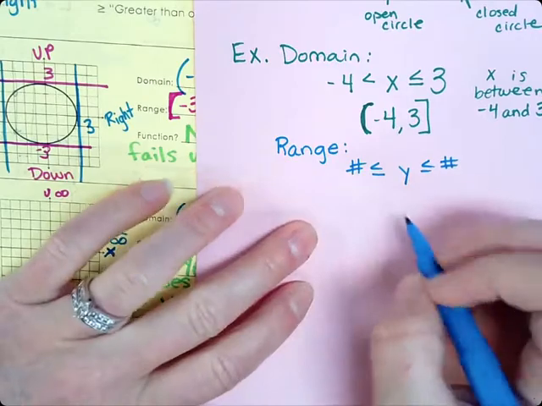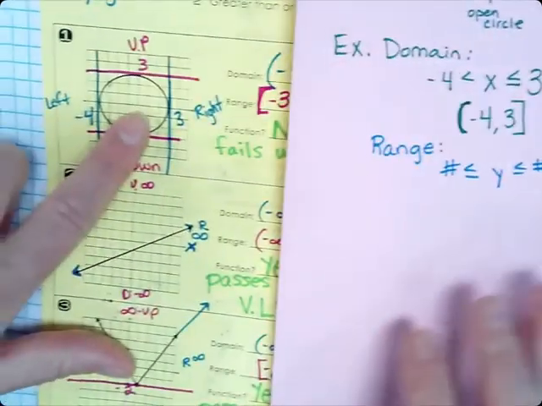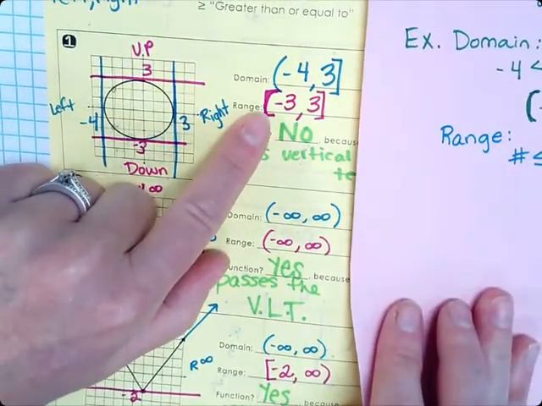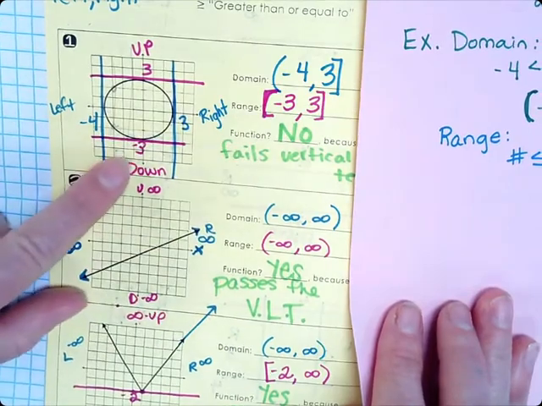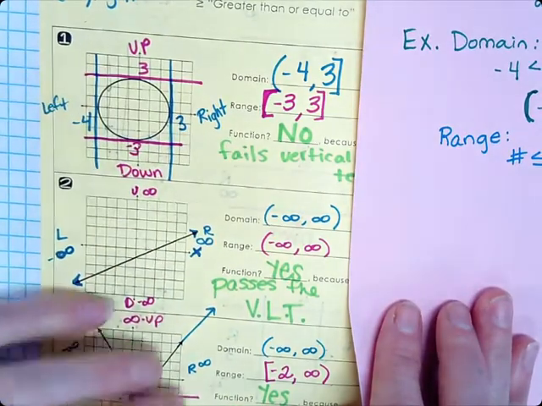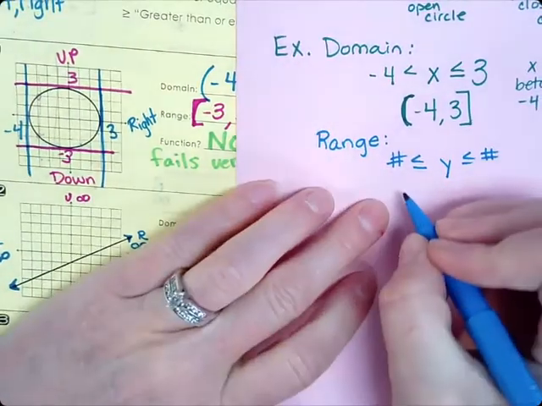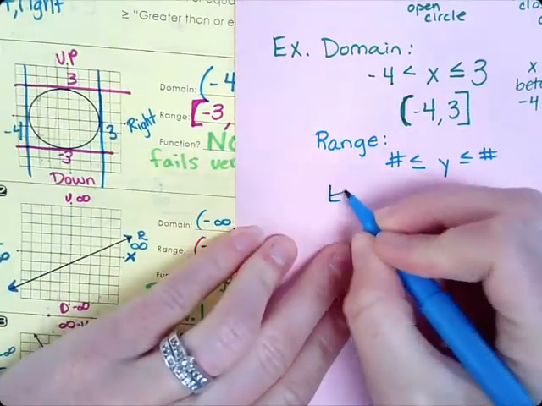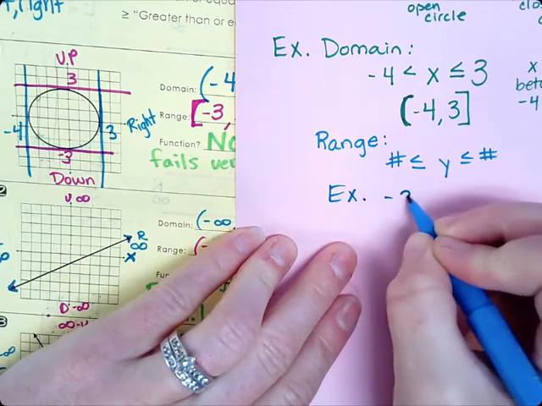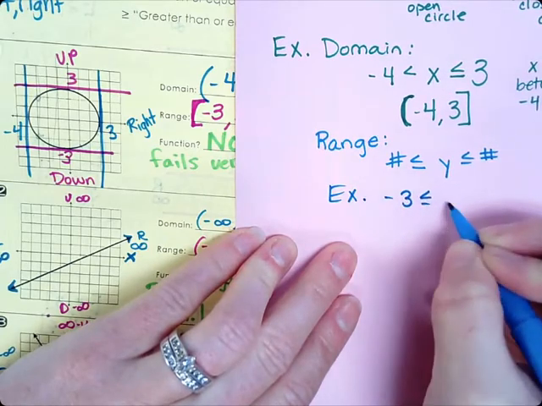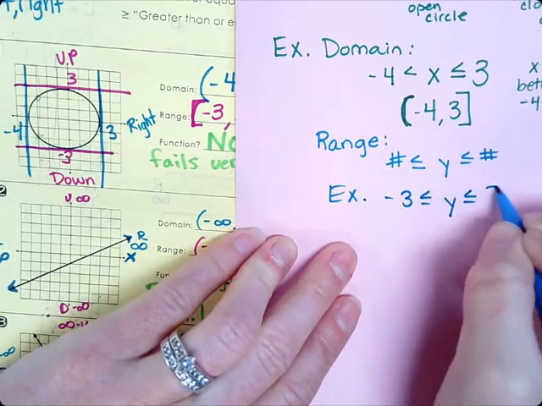So an example would be this one right here. So this was -3. It went down to -3 and up to 3. You're using the same numbers. We're just writing it as an inequality. So for example, -3 is less than or equal to y is less than or equal to 3.